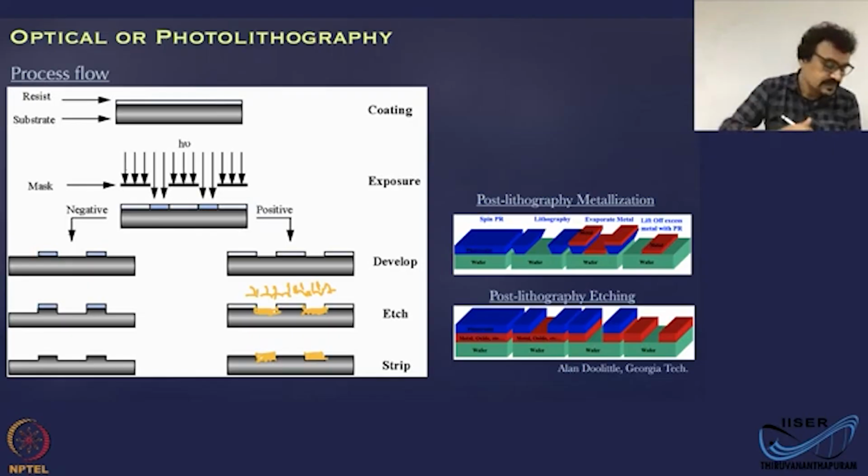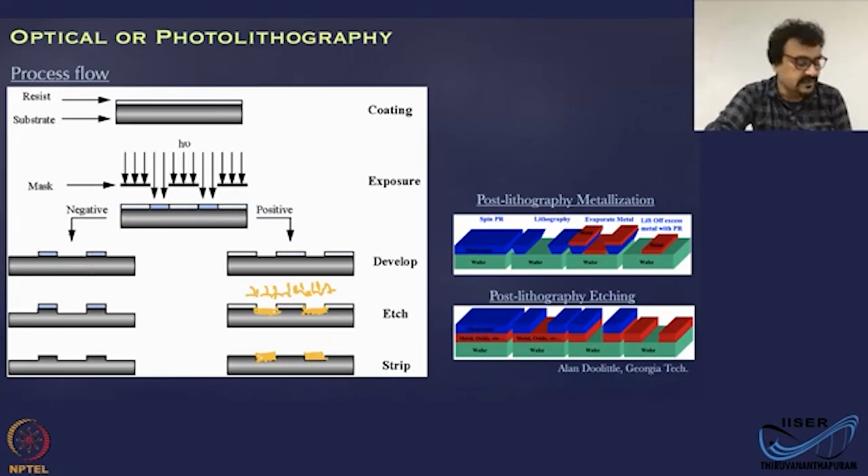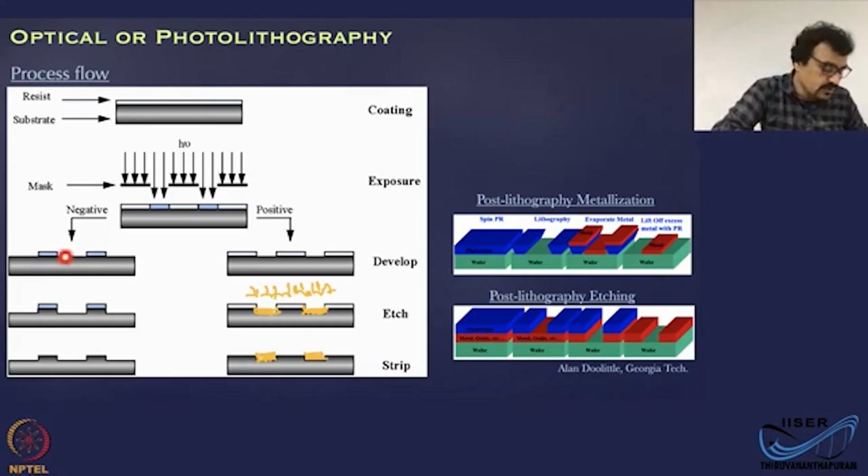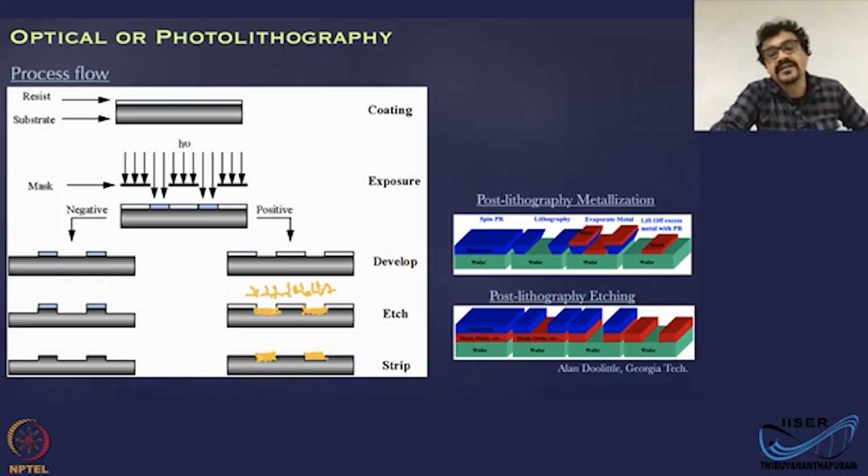Okay. Similarly, the negative tone is just the negative of this process. So wherever the radiation has hit, that will undergo a hardening process, or that will undergo a polymerization process, and you can remove the rest of the region using a solvent, which is the process of developing the resist. Then you will just get the negative of whatever your original mask was.